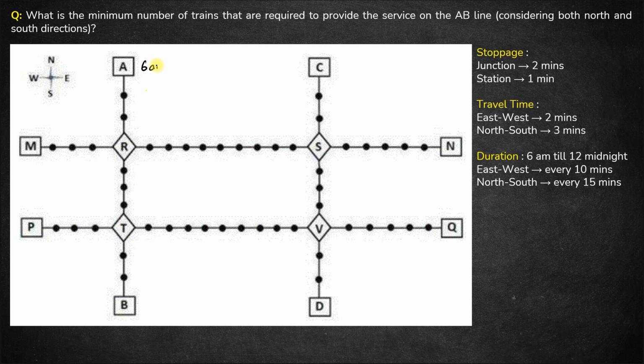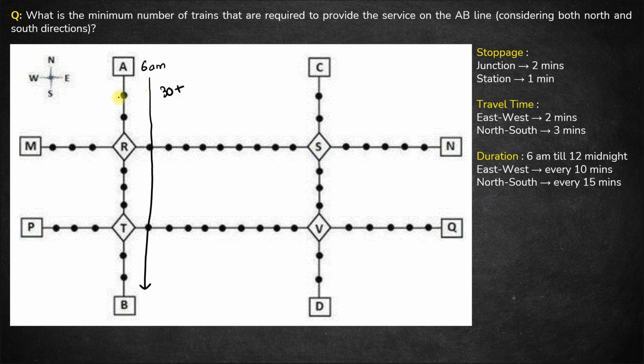So let's see what is the first train. The first train starts from A at 6 AM and when will it reach B? Let's look at it. The traveling time in the north-south direction is 3 minutes. So we'll have 1, 2, 3, 4, 5, 6, 7, 8, 9, 10. Traveling time is total 10 into 3, 30 minutes.